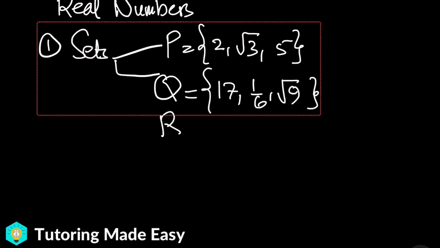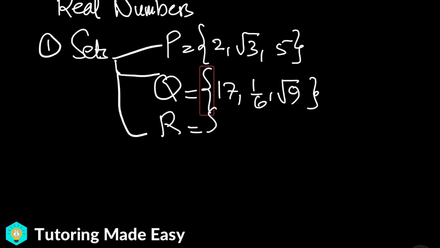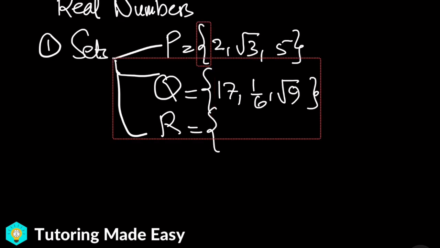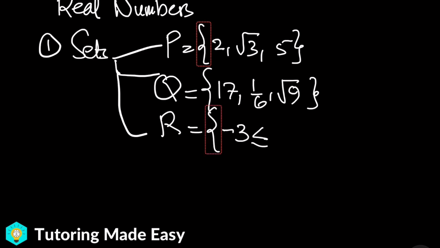The last set, set R, is made up of the numbers within the interval -3 less than or equal to x less than or equal to 8. And we have been told to determine which of the sets is rational. Which of the sets is rational?